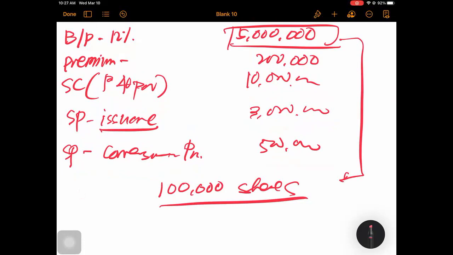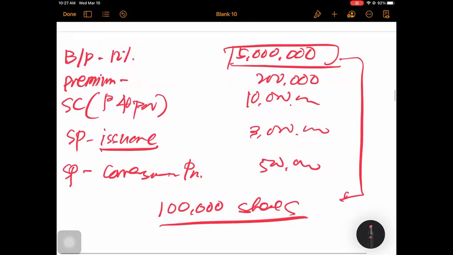Question here: since you have bonds payable with 12% nominal interest rate, what do you think? Is the effective rate lower or higher compared to the nominal rate? If you look at the given, 12% is the nominal interest rate of the bonds payable. So higher or lower is the effective interest rate?